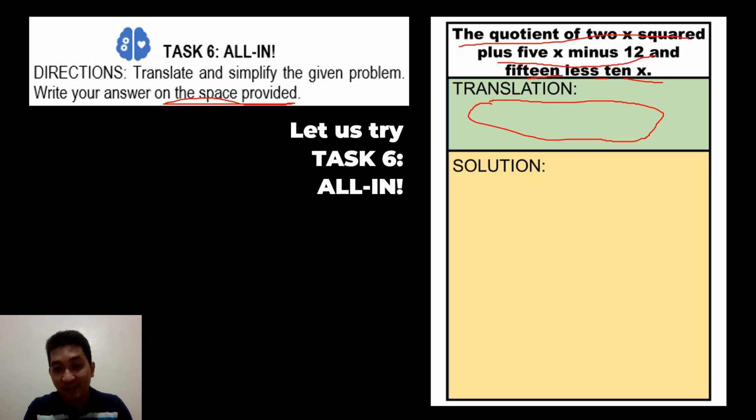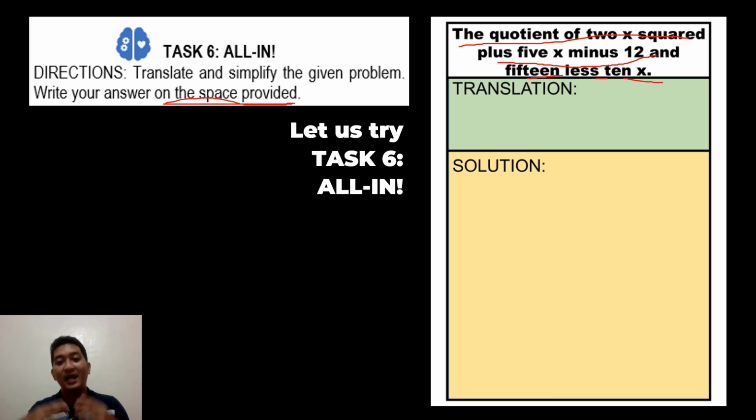Translate nyo lang, gaya ng ginawa nyo nung kayo ay grade 7, yung statement sa isang algebraic expression. Pag sinabing quotient, division, fraction, pwedeng fraction dyan. The quotient of 2x squared plus 5x minus 12 and. Pag sinabing and, tapos ka na doon.